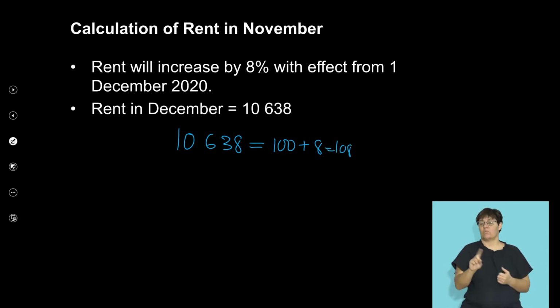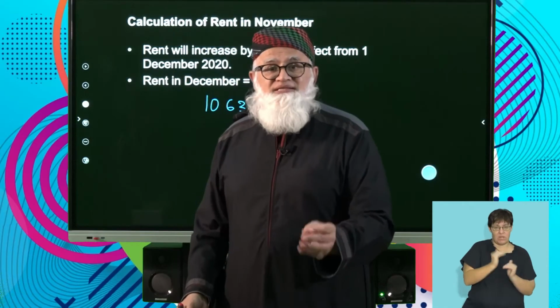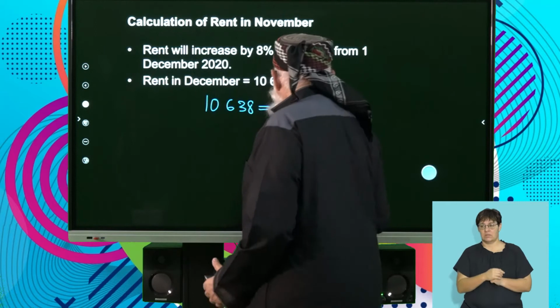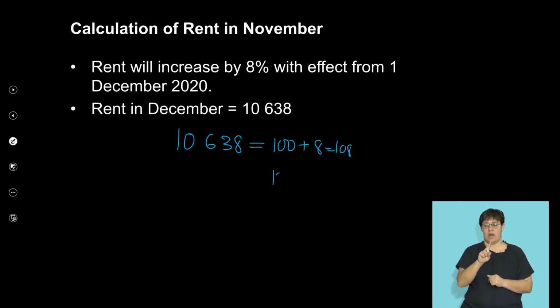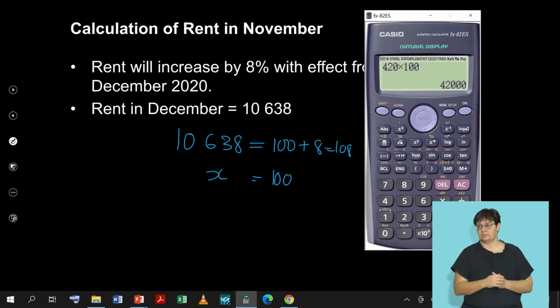What are you expected to calculate? You are expected to calculate the rental for the previous month. That means the month before the increase. Obviously, that works out to 100 is equal to my unknown. And if we do this in terms of our calculation, this is what we do.